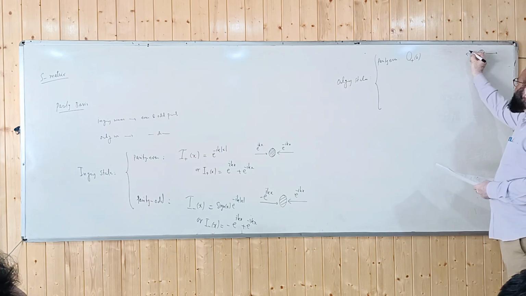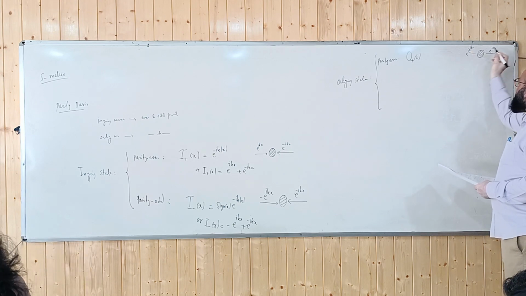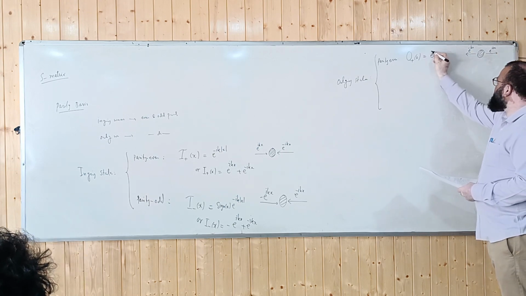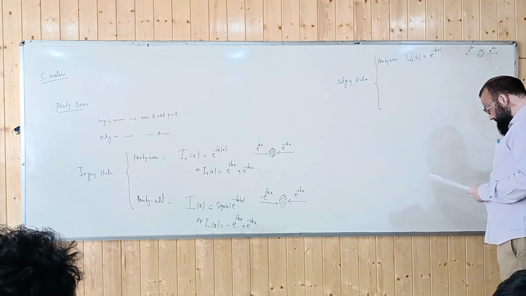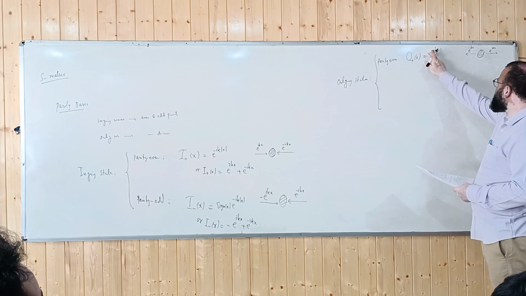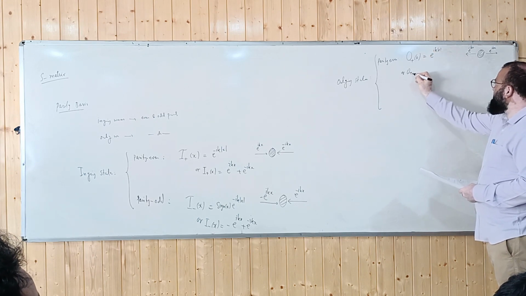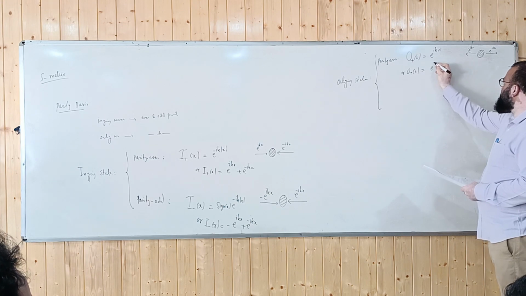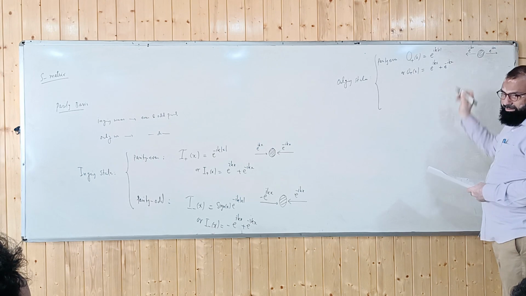e raised to the power minus ikx. Good. So it is e raised to the power ikx. This I can put simply as e raised to the power minus ik mod of x. So I will put a plus here. Or you can write O plus of x simply as e raised to the power ikx plus e raised to the power minus ikx, a simple linear combination.